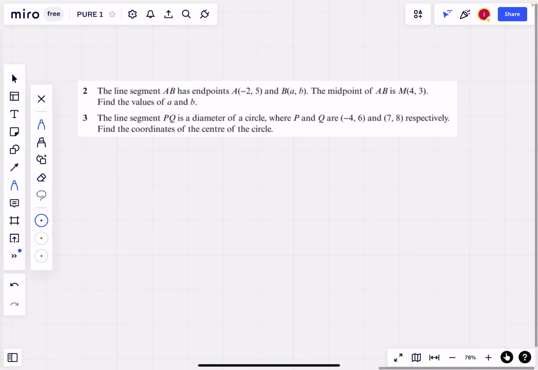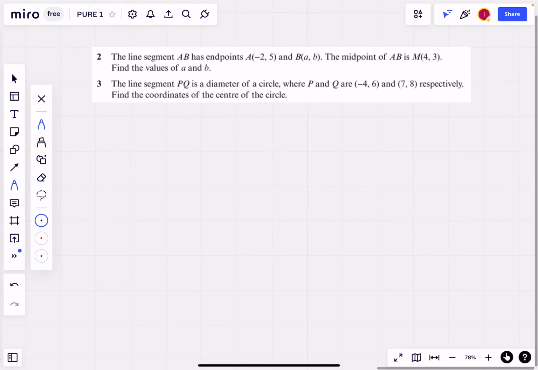Okay, in question 2, they've told you the midpoint. So you're going to use your equation, but where before we were trying to work out what the midpoint is, here we've got something to equal it to. So to work out the midpoint, we're going to do x1 plus x2 divided by 2. You don't know which one is higher, so it doesn't really matter which one you label as x1 and x2, or x1, y1, x2, y2.